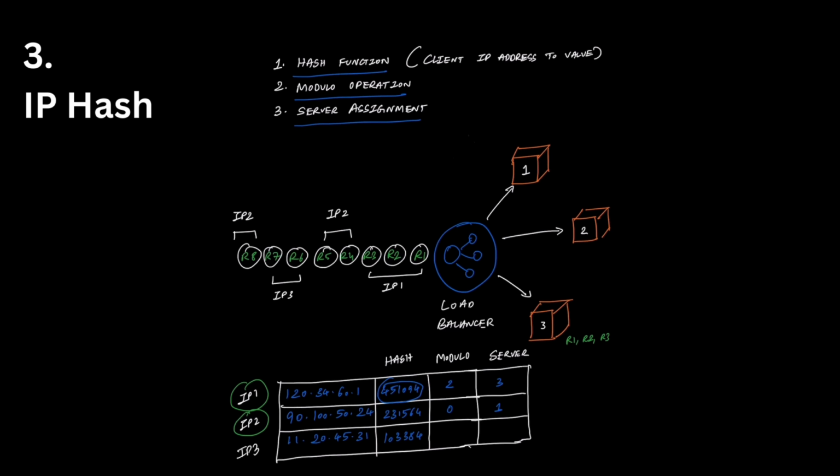That is requests R4, R5, and R8 are then routed to server 1. Now for client 3, with this hypothetical IP address and a hash function, say the modulo is returning 1, then the client 3 requests would be routed to server 2. That is, requests R6 and R7 are then routed to server 2.